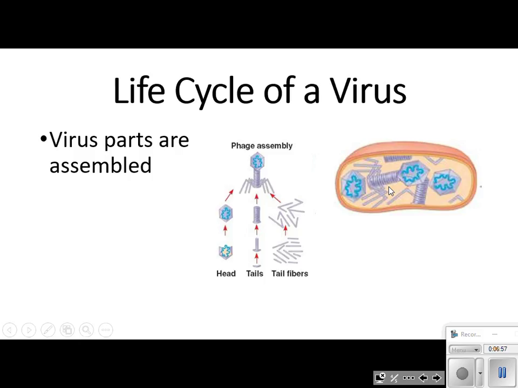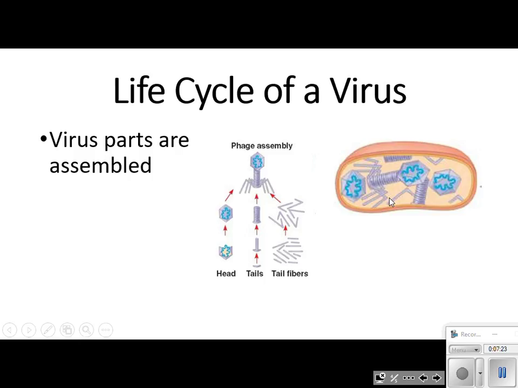They don't grow. Okay, what else don't they do? They don't reproduce without a host. What do they do? They mutate. They do mutate. But they don't reproduce without a host. They don't grow. So this virus right here is as good as it's going to get.